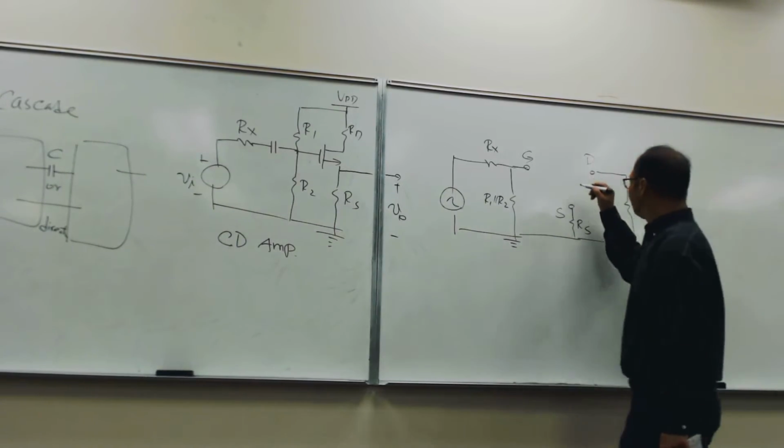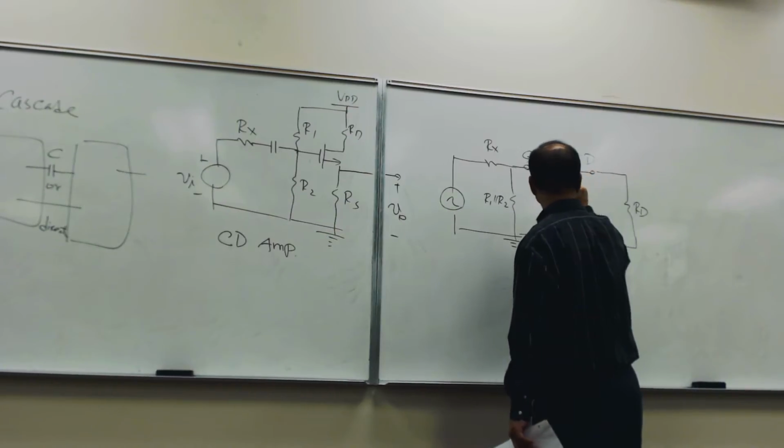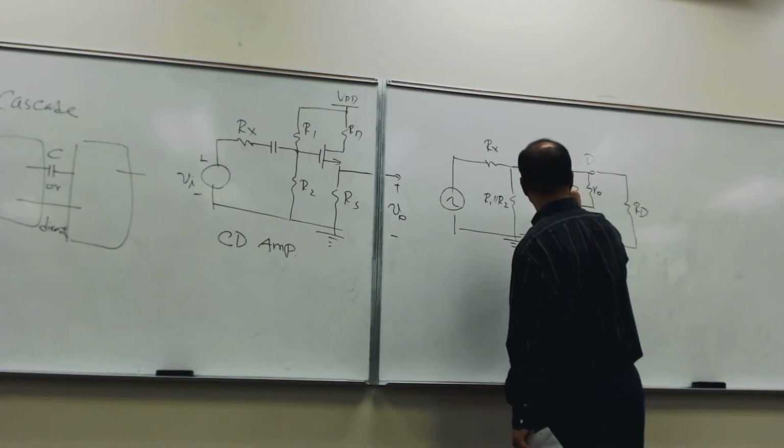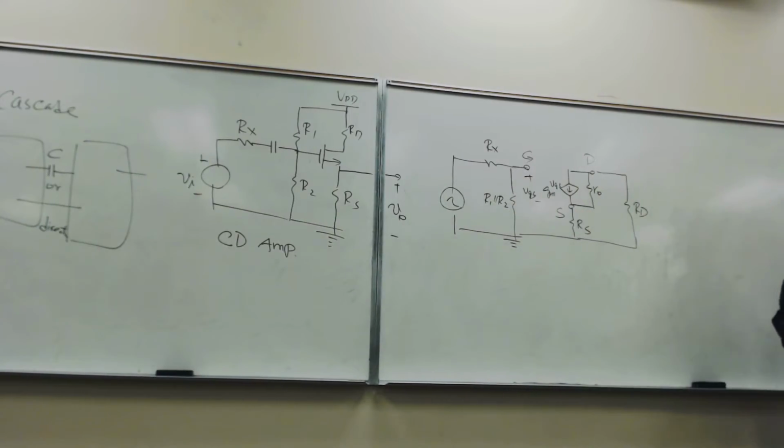Okay, then the model. I'm going to also throw in the R sub O to make it even more difficult, right? So as far as a single stage is concerned, I don't think there's anything that's more comprehensive than this.